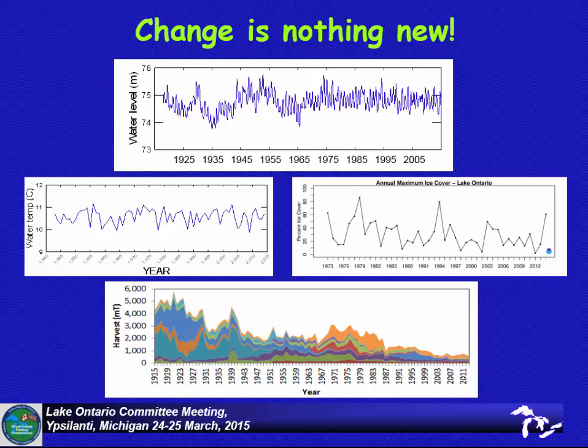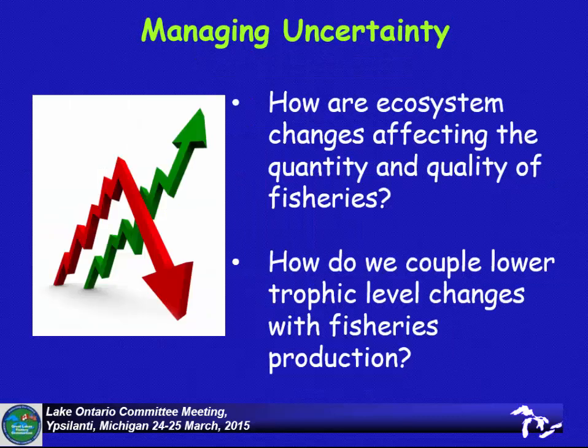So change is going on out there, but by embracing a more holistic understanding of the ecosystem, all of us in the science and management community will be in a better position to manage for the changes happening, or basically to understand the uncertainty out there. How are these ecosystem changes affecting the quantity and quality of these fisheries, and therefore how do we couple the lower trophic level changes with fish production?